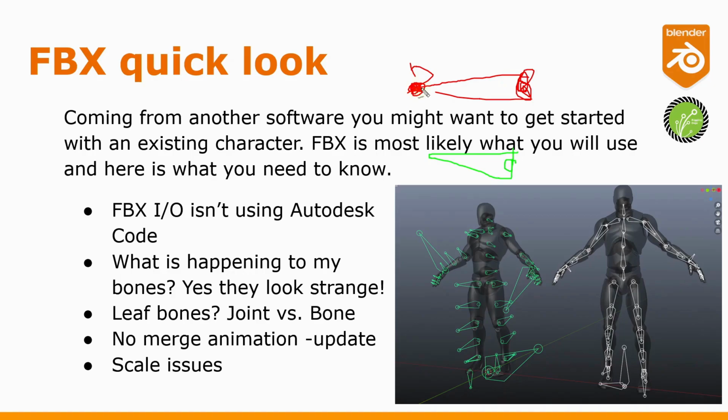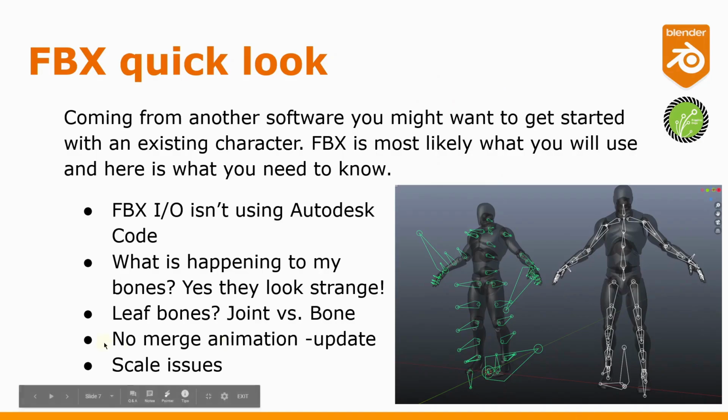We don't need this extra bone to display things. So if you know that in Maya, you've added end bones to all of the properties, you can turn this off so that you don't end up with basically a double bone sticking off everything. There is no merge animation, no ability to just FBX update and have animation come in. We'll cover actions in a little bit, but just keep that in mind.